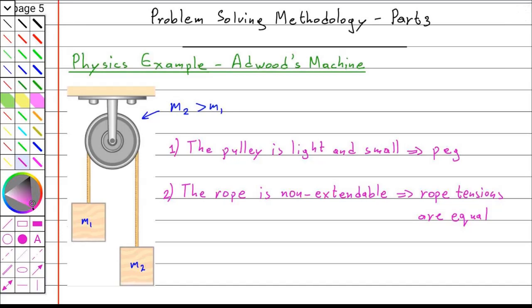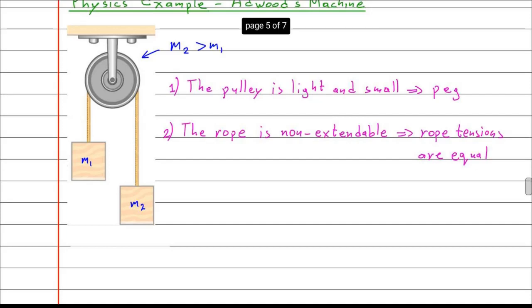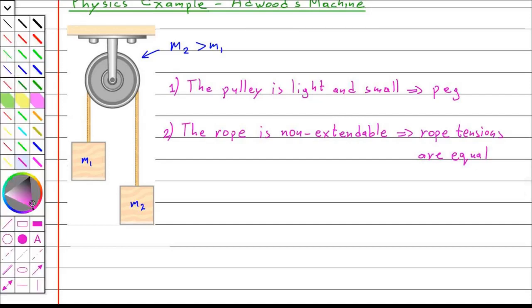Basically, we allow the Atwood's machine to move. We can measure the acceleration of the two masses by means of a timer and a straight edge or ruler. And by using the relationship that we are going to derive, we can calculate the unknown mass.